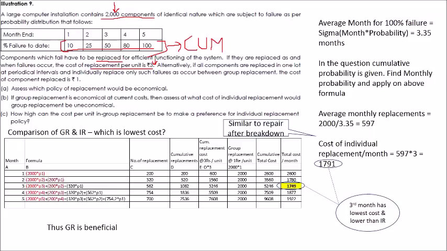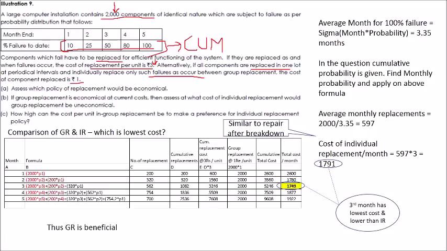Alternatively, if all the components are replaced in one lot at periodic intervals, and individually replaced only for failures that occur between the group replacements, the cost of replacement is 1. So guys, now you can compare this with preventive maintenance.